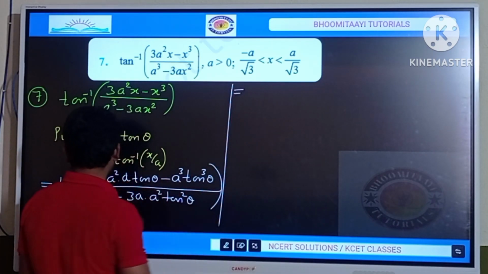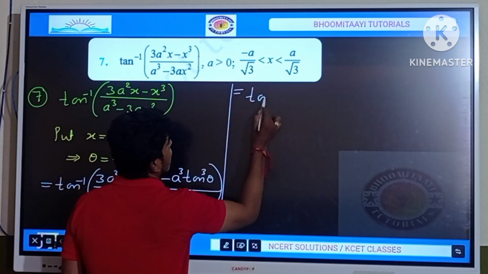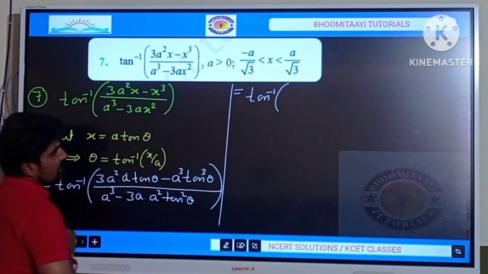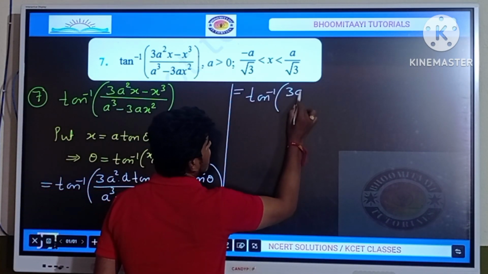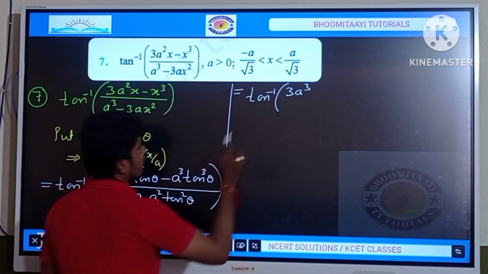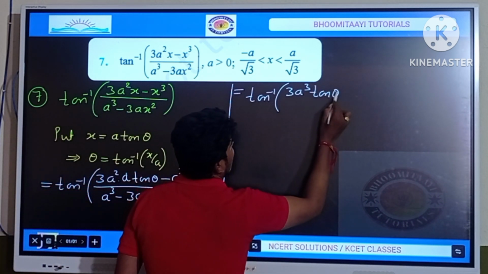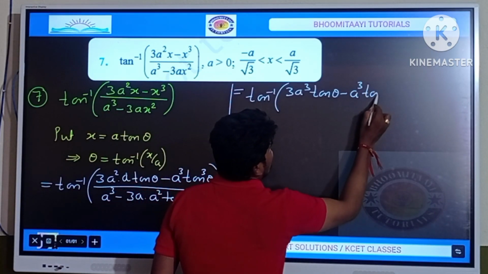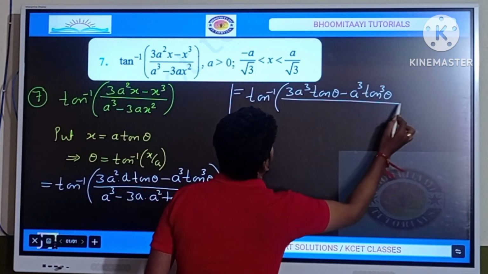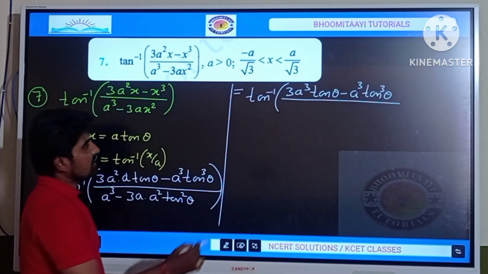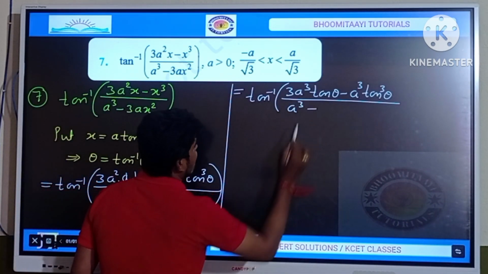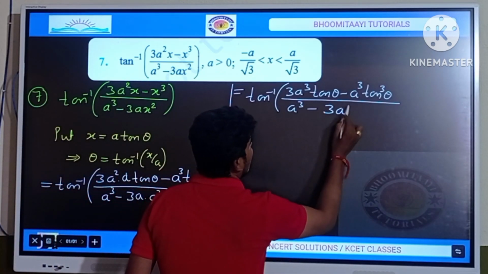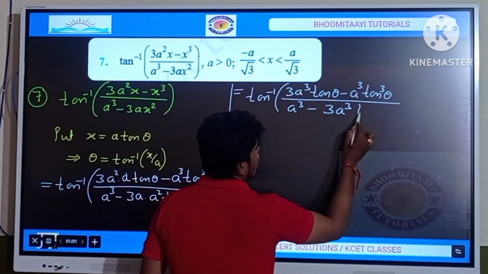Now this is equal to tan inverse of, observe here, 3a square into a, so 3a cube, 3a cube into tan theta minus a cube tan cube theta as it is, divided by a cube as it is minus 3a into a square, 3a cube into tan square theta as it is.